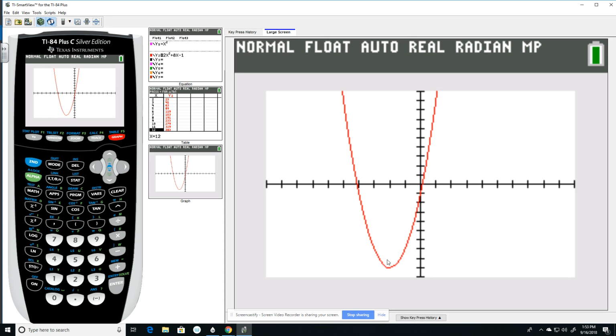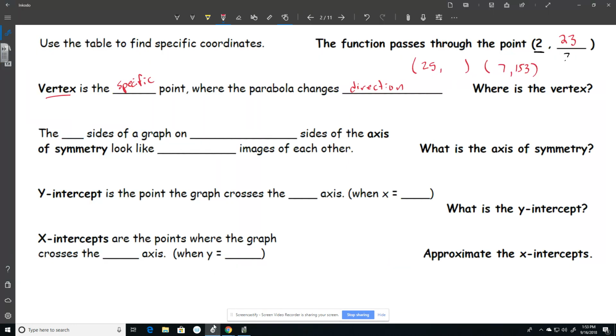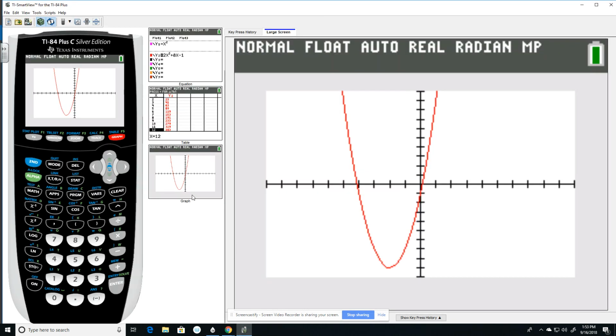So it looks like it's at the point. I go left 2 and I go down 9. That's where it appears to be. That's the way this picture is set up, that looks pretty accurate, but you can't always tell for sure.